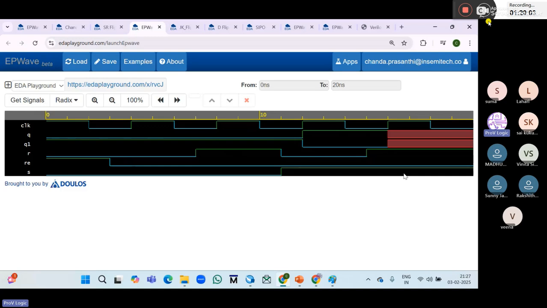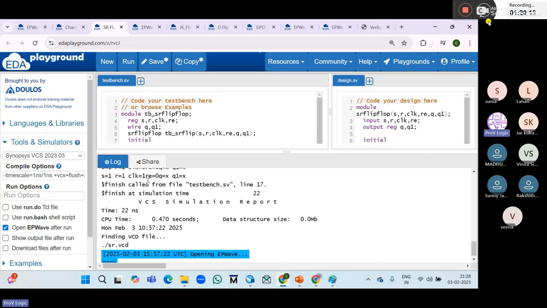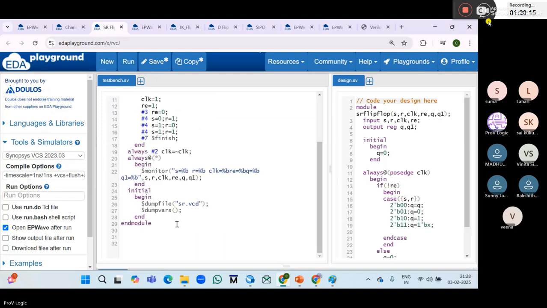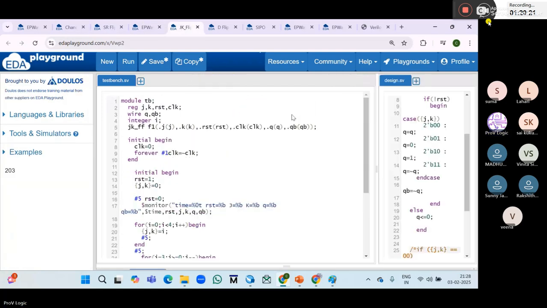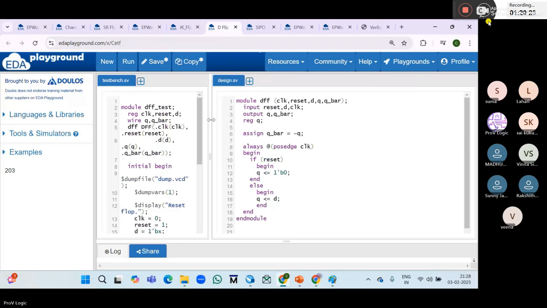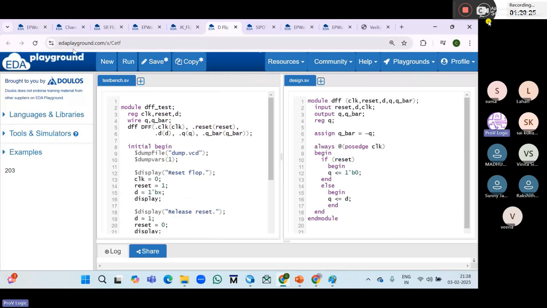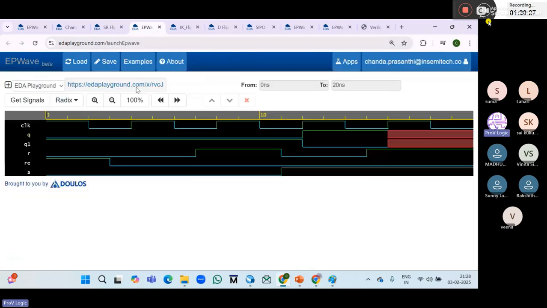S is 1 and R is 1, output goes to invalid state. So this is how we write for the SR flip-flop. Test bench is also given here. And JK flip-flop, D flip-flop, T flip-flop. Take time, check the output, observe whether it is coming correctly or not.